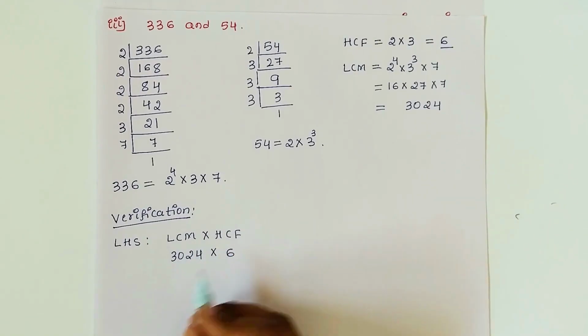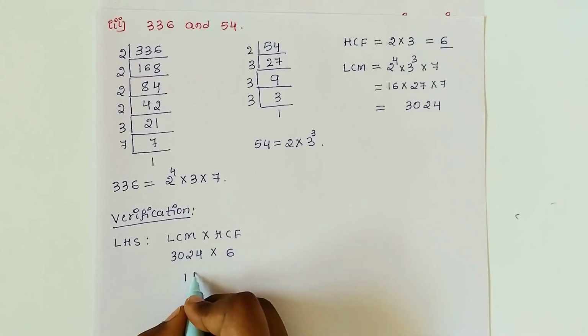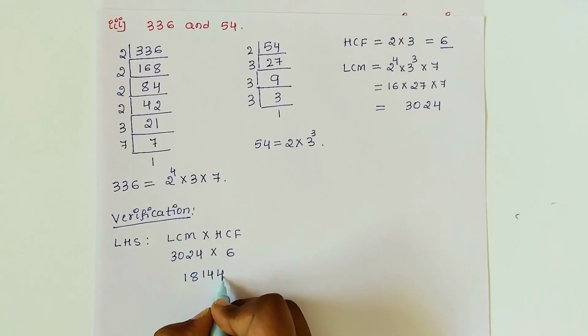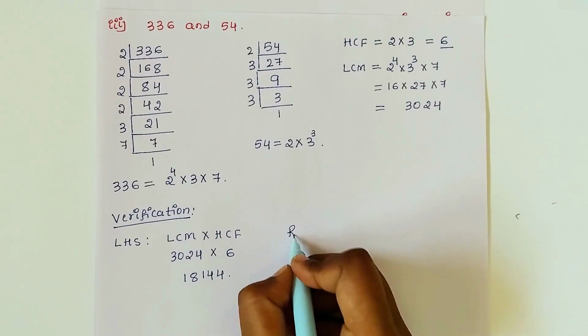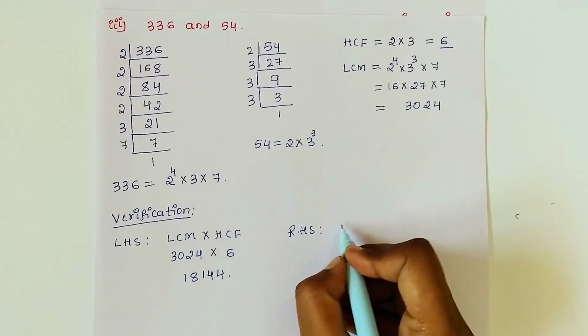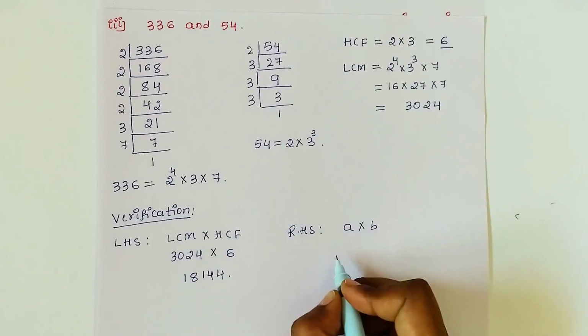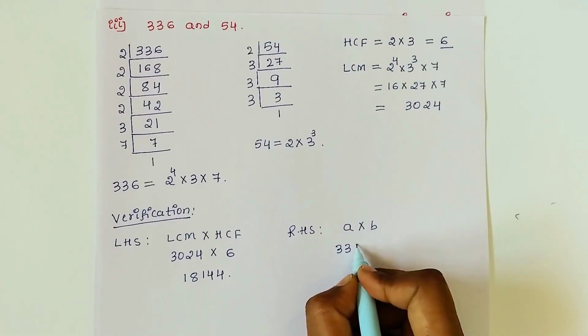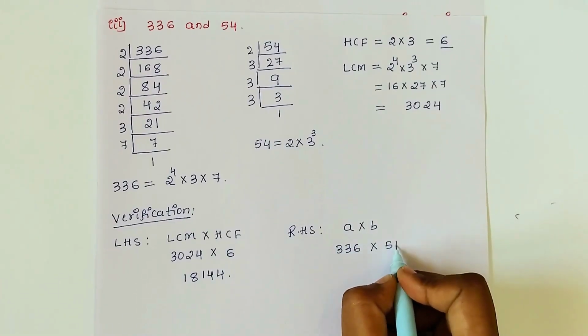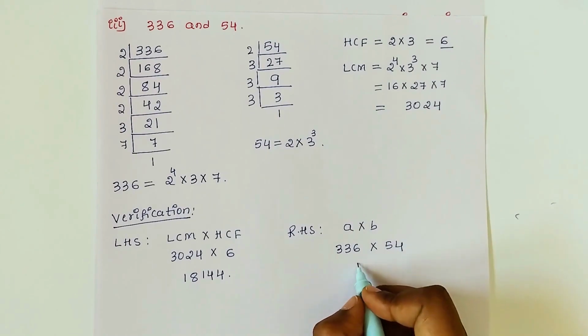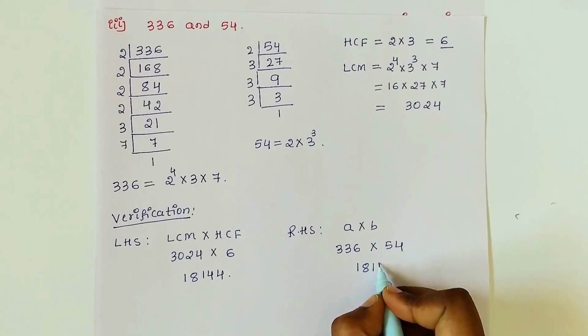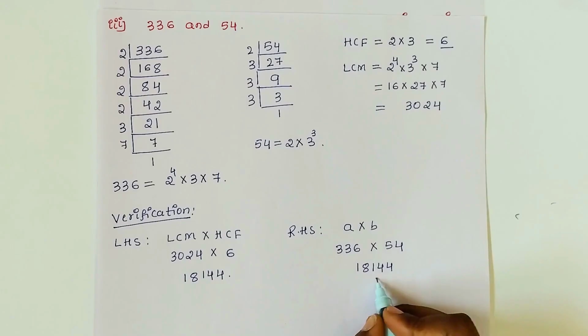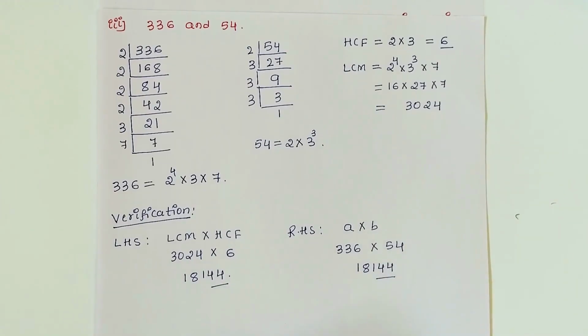If we multiply these two, I'll get 18,144. Now consider the RHS part of the relation, that is A into B. If I multiply 336 by 54, then I'll get 18,144. See, both LHS and RHS are equal. Hence, the relation is verified.